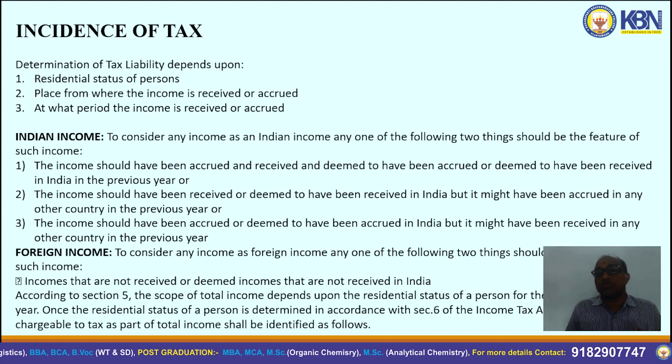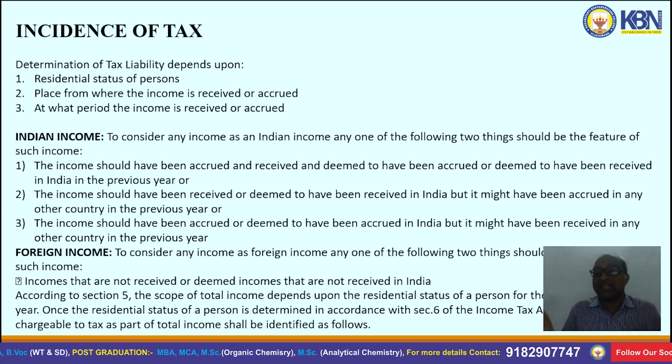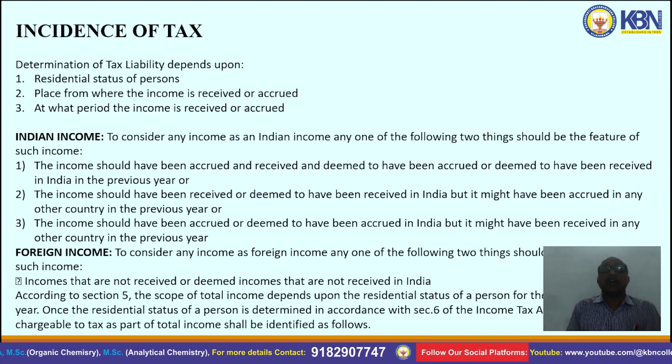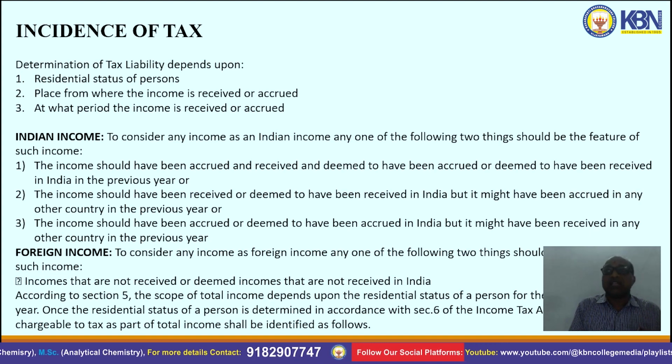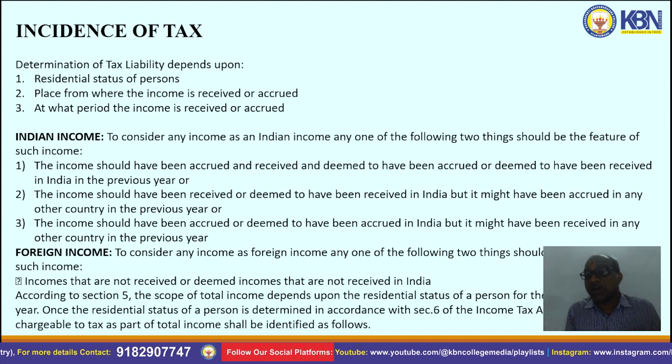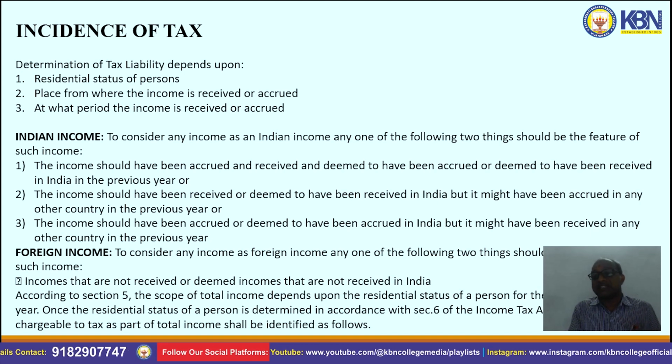It is put to tax in all three categories, that is resident, not ordinarily resident and non-resident. Suppose both the incidents occur outside India, that is called foreign income, which is taxable only in case of resident.